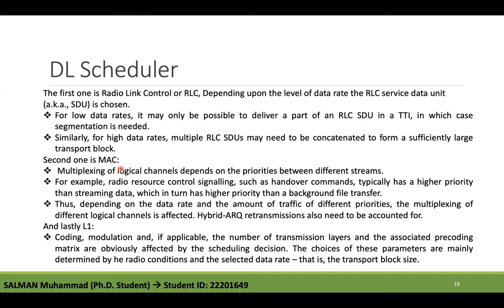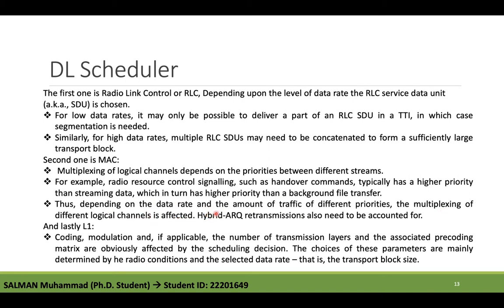The second important thing is MAC, the multiplexing of logical channels depending on the priority between different streams. For example, the radio resource control signaling, such as the handover commands, typically has a higher priority than the streaming data, which in turn has higher priority than a background file transfer. Thus, depending on the data rate and the amount of traffic of different priorities, the multiplexing of different logical channels is affected.